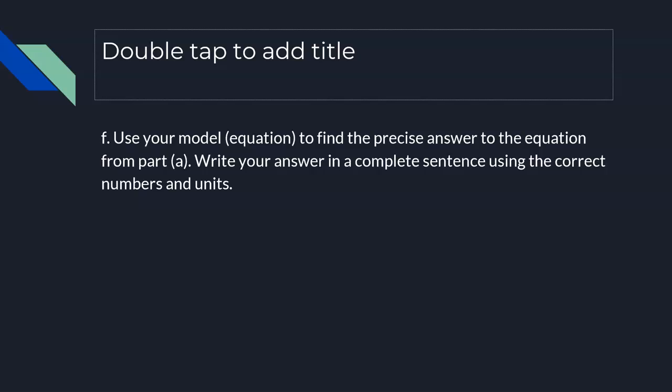Next one, letter F. Use your model to find the precise answer to the equation from part A. Write your answer in a complete sentence using the correct numbers and units. So from the last slide, we got an equation, y equals negative 48.75x plus 645.